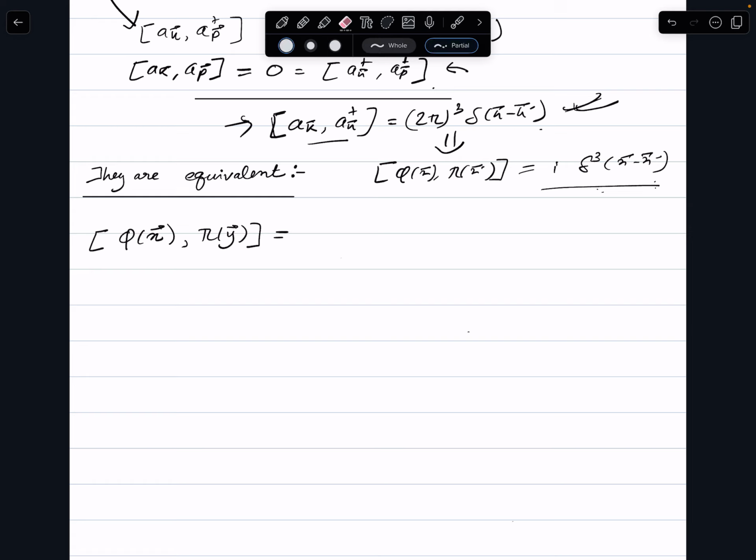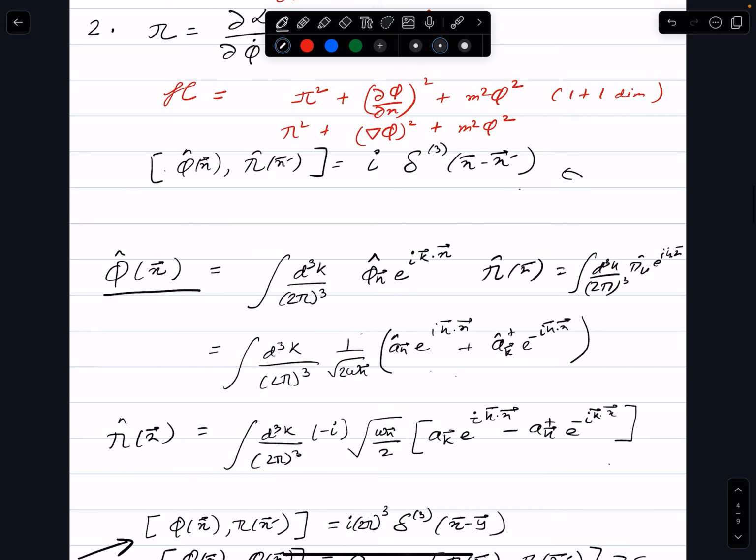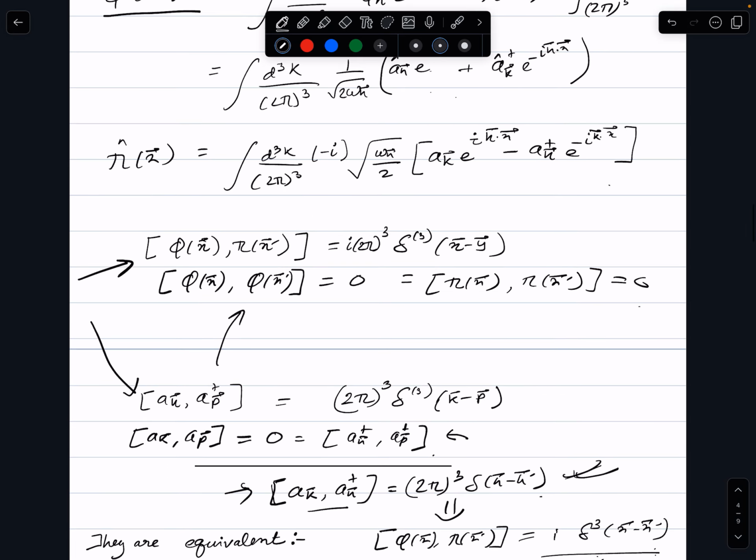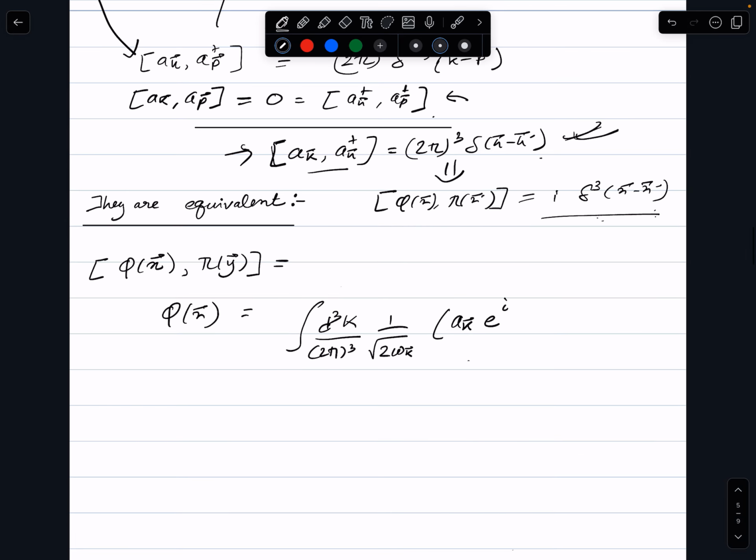So let's write phi(x) carefully. Let me call this d^3k over (2 pi)^3. What is the formula? It's 1 over square root of 2 omega_k. Remember, omega_k was the square root of k squared plus m squared, and then I have a_k e to the power i k dot x plus a_k dagger e to the power minus i k dot x.